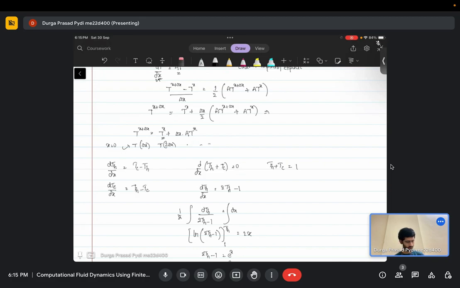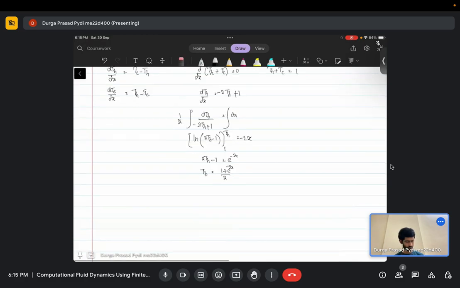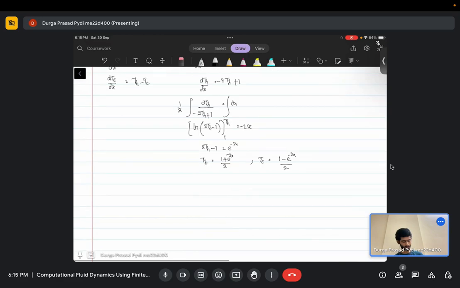Th minus Tc. So you have a minus plus, so you have a minus 2x. Since Th is this, your Tc will be 1 minus e power minus 4, 2x by 2. So we will compare this solution with the numerical a little later.